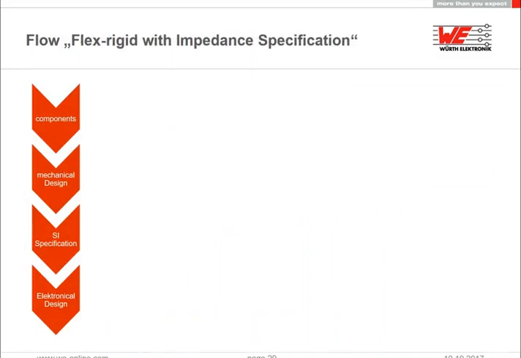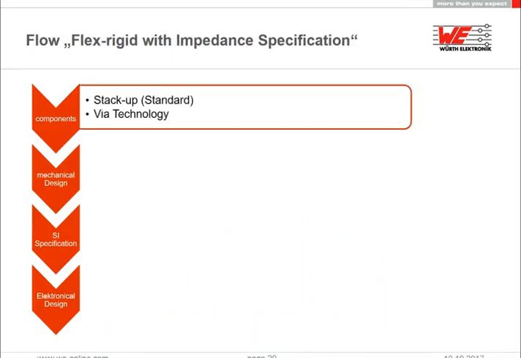The first point is the question which components have to be routed in the design, and the most complex component defines the stack up. So the more complex the component, the more complex the stack up used.